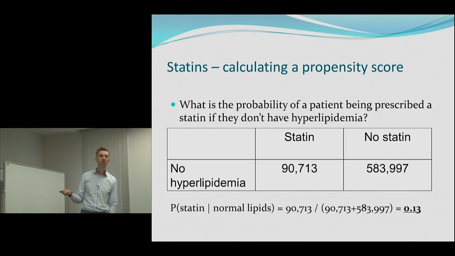This would give us a number of 0.13. So it would mean that everybody in the whole data set, regardless of whether they're taking a statin or not, would have a probability of taking a statin of 0.13. Yeah, everybody with me? Great. So that would be in the strange world where only having high lipids influences the chance of taking a statin.